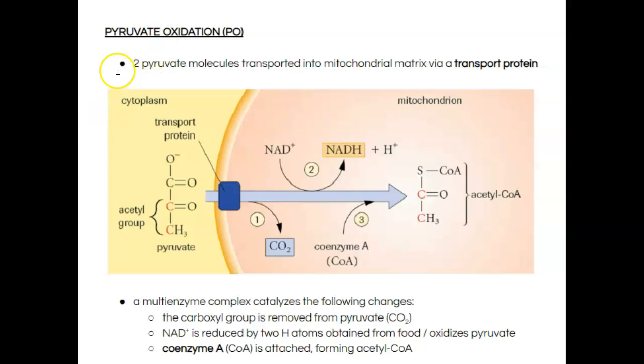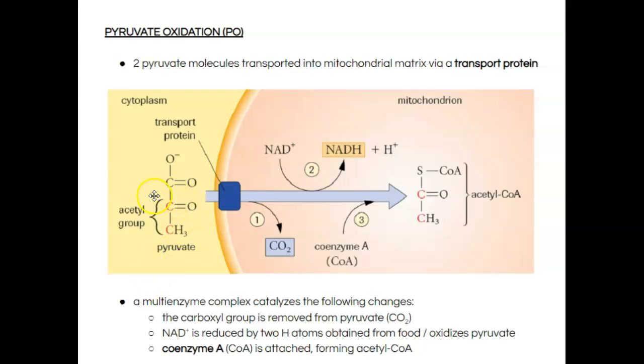As we already discussed, the product that remains from glucose resulting from glycolysis is our 2 pyruvate molecules. They're created outside in the cytoplasm of the cell, so we haven't really gotten into the mitochondrion yet.